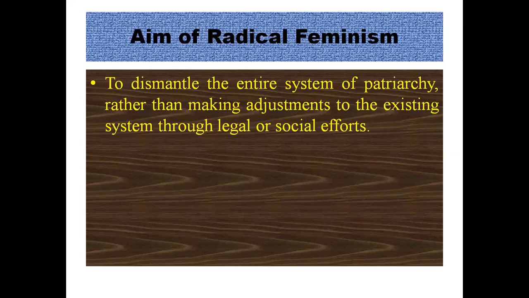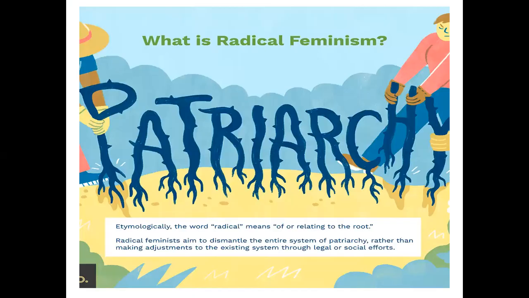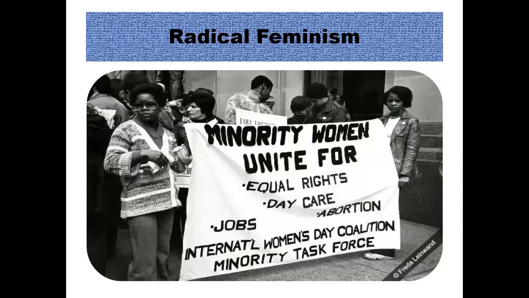The aim of radical feminism is to dismantle the entire system of patriarchy, rather than making adjustments to the existing system through legal and social welfare measures. In short, radical feminism argues that the oppression of women by men occurs in a system called patriarchy, an almost universal system existing in virtually every known society.